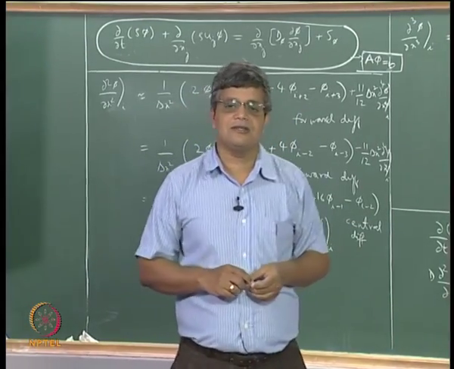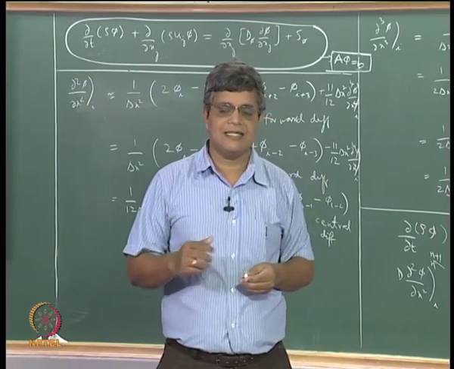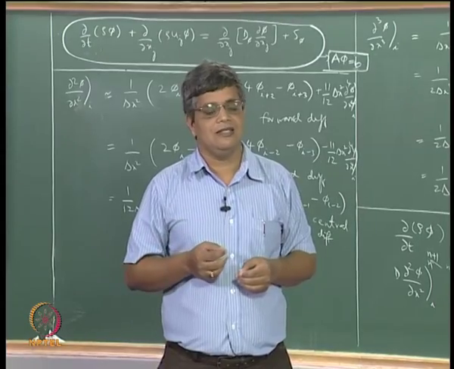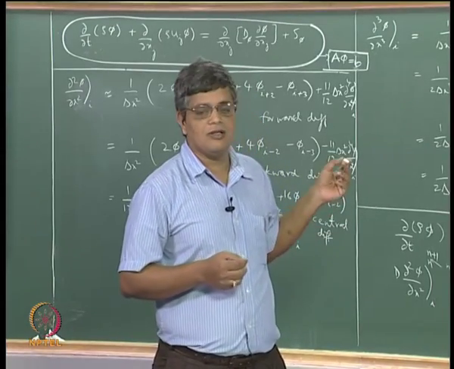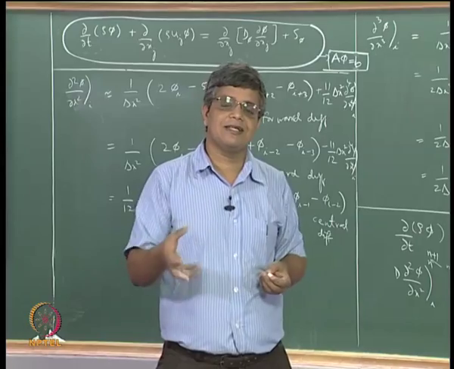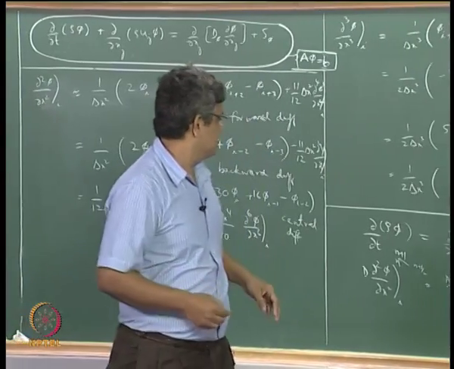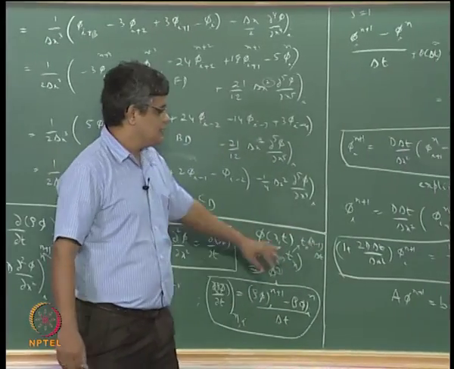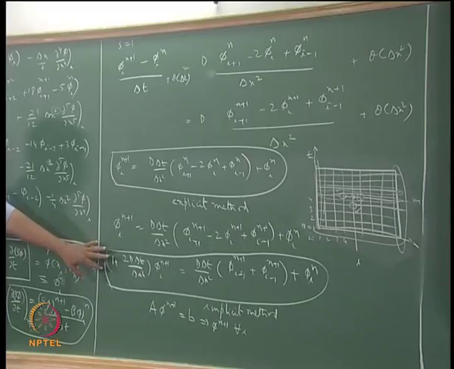Unfortunately, the situation is not as straightforward and trivial as that. We have to look more at the properties of the discretized equations, to see under what conditions this discretization will guarantee us a satisfactory solution.